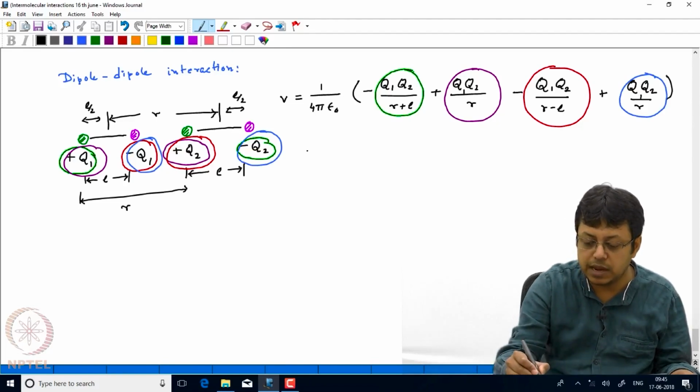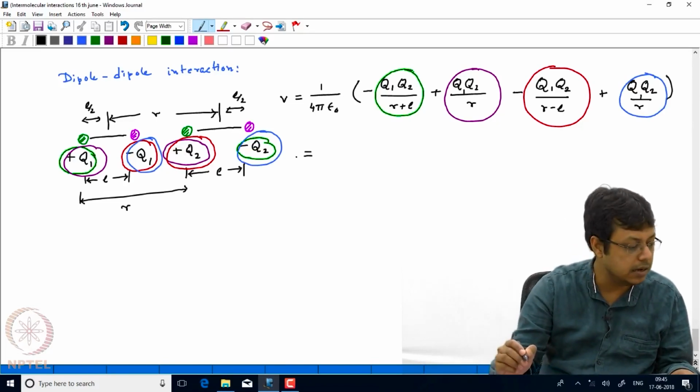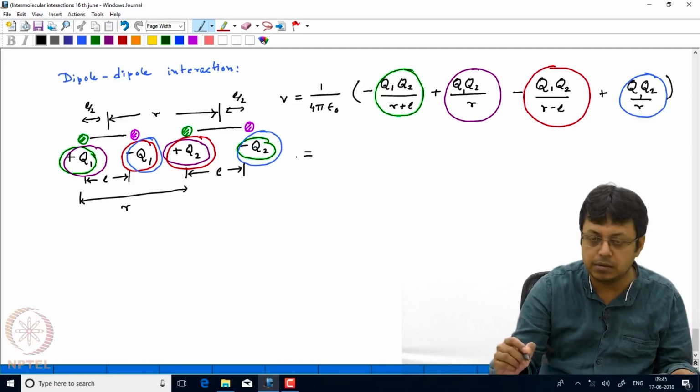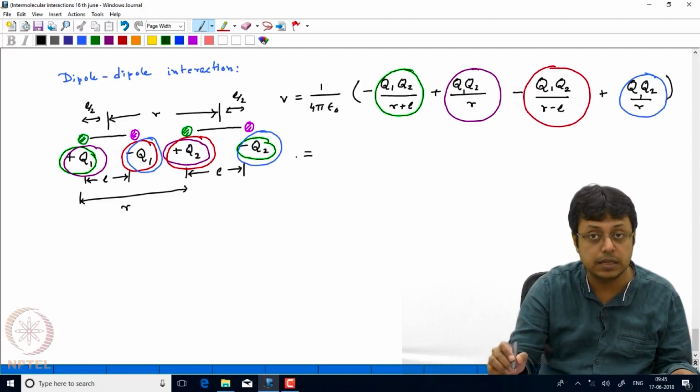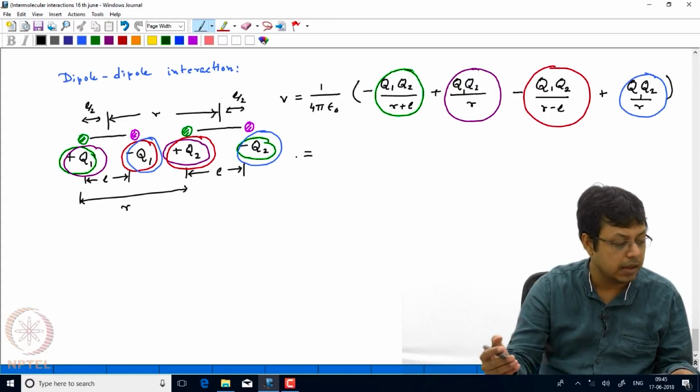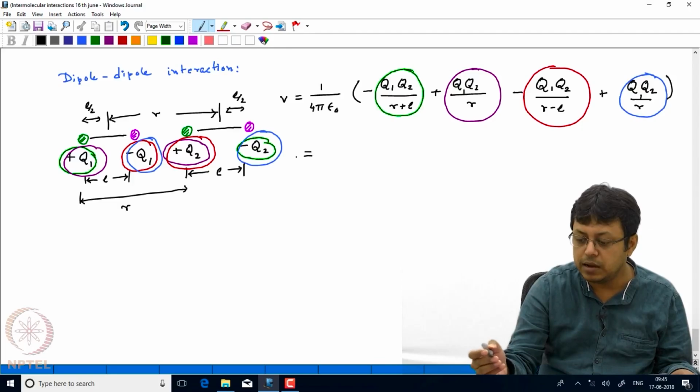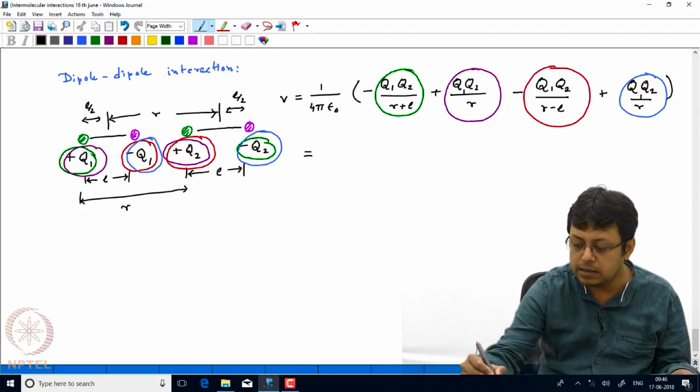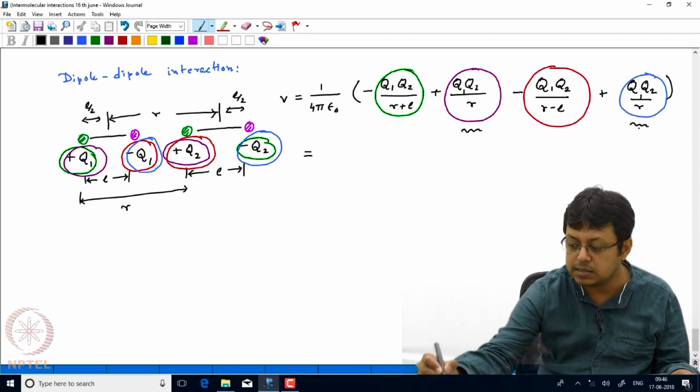So now we can arrange the terms, and as you can see, it is again a very straightforward calculation. We can take the R common, but in the denominator in this case it is not R plus L by 2 or R minus L by 2, it is just R. If I look at it carefully, these two terms are basically the same terms.